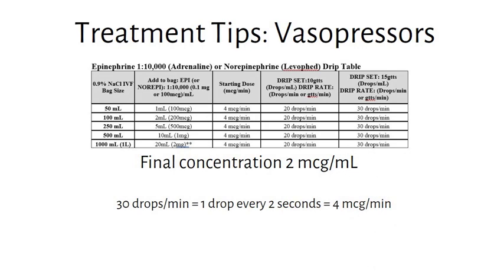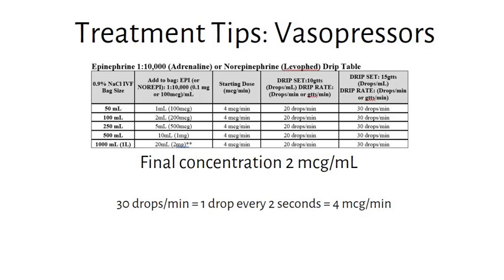When you set up your epinephrine solution using the columns to the left and set the drip rate at 30 drops per minute or 1 drop every 2 seconds, the dose of epinephrine that you are delivering is 4 micrograms per minute. Then you can adjust the drip rate in order to change the dose.